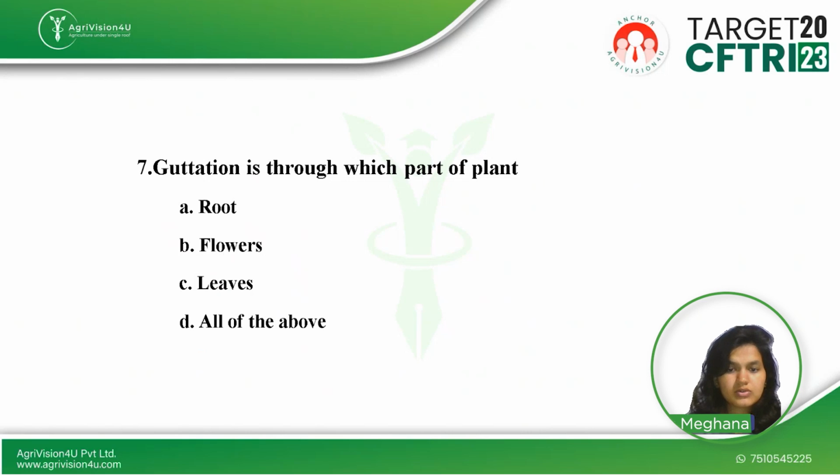Then comes the seventh one. Guttation is through which part of the plant? The first option is the root, the second option is the flower, the third option is the leaves, and the fourth option is all of the above.